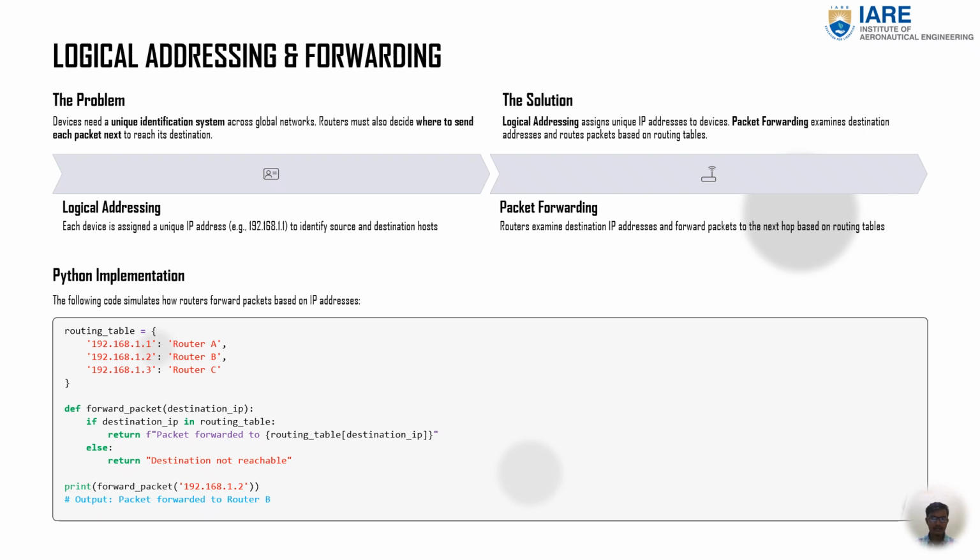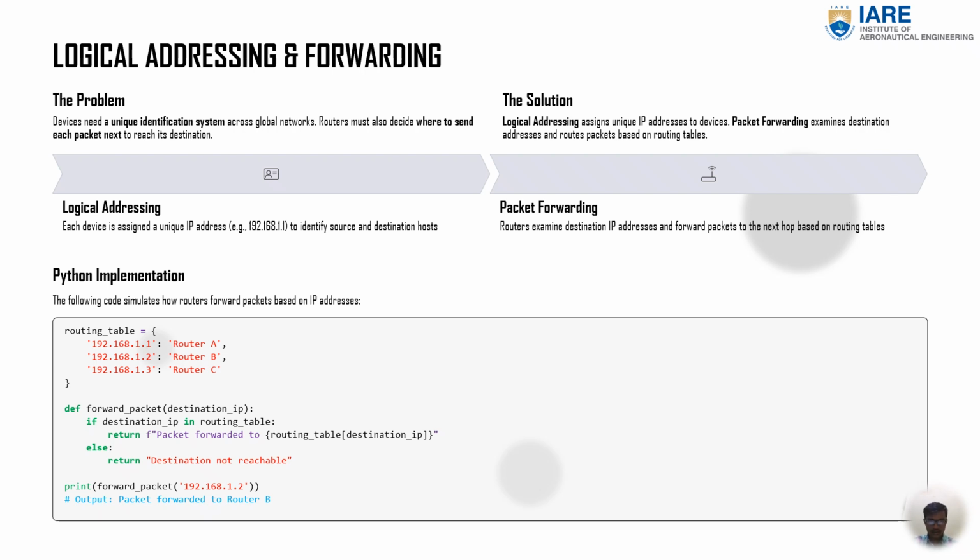Hence, the message sent is packet forwarded to the router and the router ID: router A, router B, router C, any ID. But if the route does not exist, the else returns destination not reachable. In the code, it means that if no route is found, the packet is dropped.